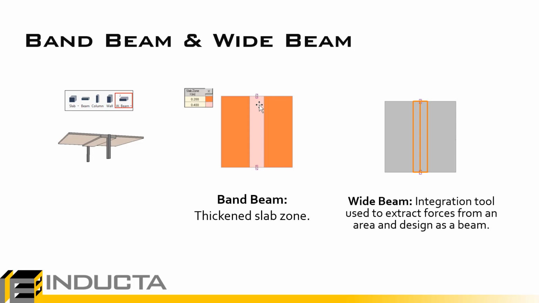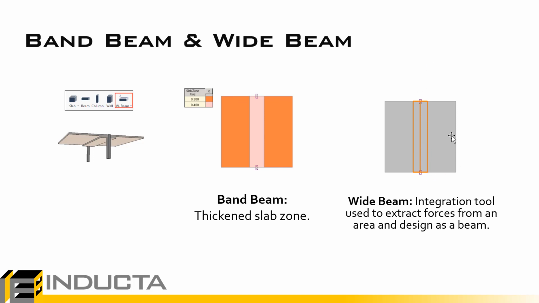When the program is run, it doesn't know that this is a beam. It just treats it as a slab zone, so as a two-way plate, acting in two directions with capacity in two directions. The program doesn't know to design it as a beam until we draw a wide beam over the top of it.